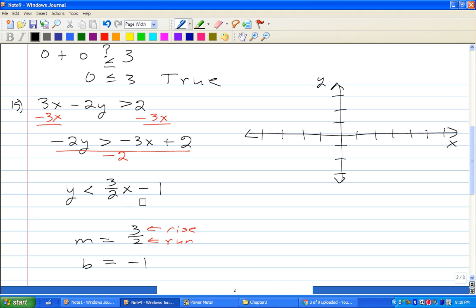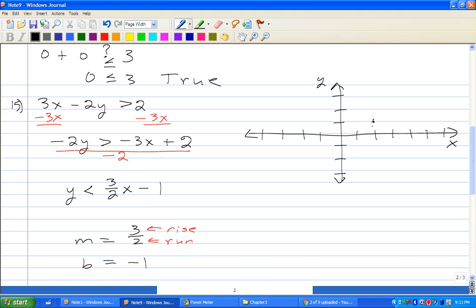Okay, so I have a y-intercept of -1, and then a run of 2 and a rise of 3.